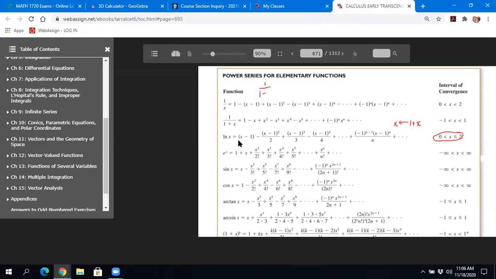The reason I didn't put this on the test is I don't know that it's exactly the most helpful table. 1 plus x plus x squared plus etc. Okay, but that was on the last exam. So you should be pretty comfortable with some of that. So this replacement of x by 1 plus x, that's for this series right here for logarithm of x.